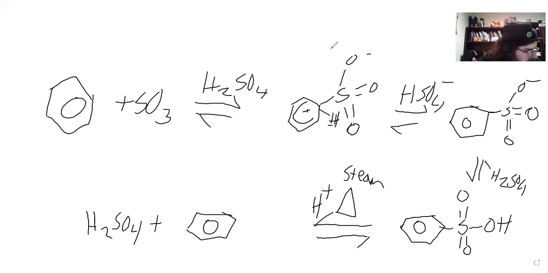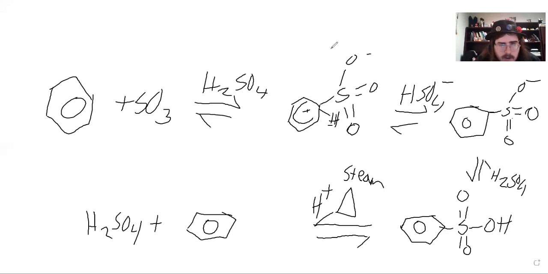Now, this could be useful because it's possible to have a hydrogen to deuterium exchange. Remember, deuterium is that one proton, one neutron hydrogen. So if you use, instead of H plus in steam, D plus in steam, you do this enough times to enough positions, you're going to essentially replace all the hydrogens around the benzene with deuteriums.